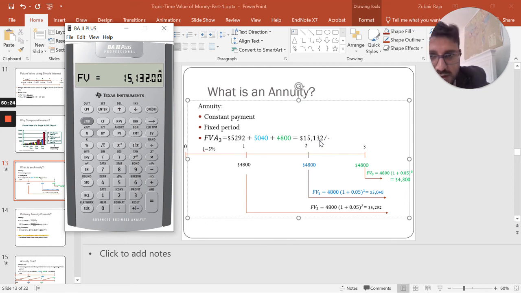You will get it at the end of the third period. So this is the example of the ordinary annuity using the calculator.